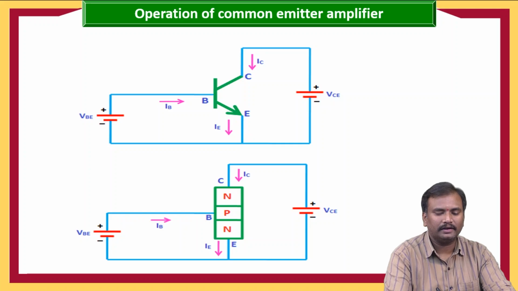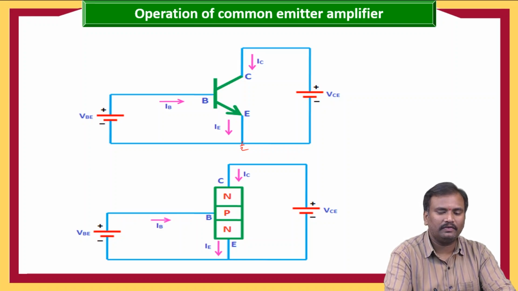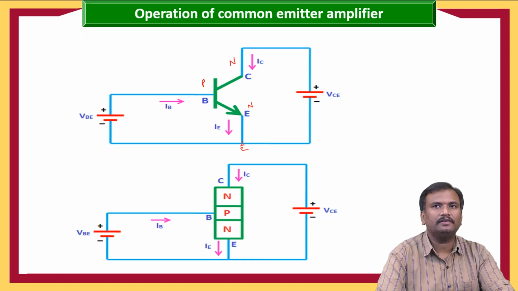So for that, here we are making the emitter the common terminal or grounded terminal, and for base we are going to give the input. Let us consider it is an NPN transistor.